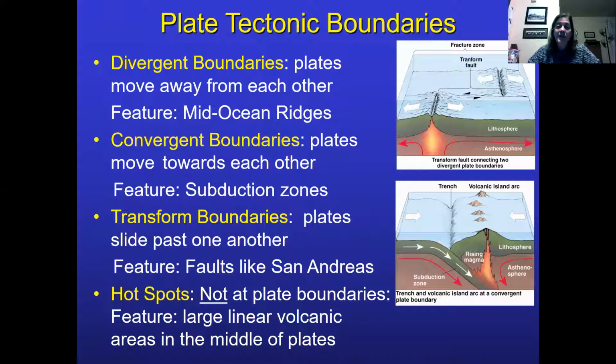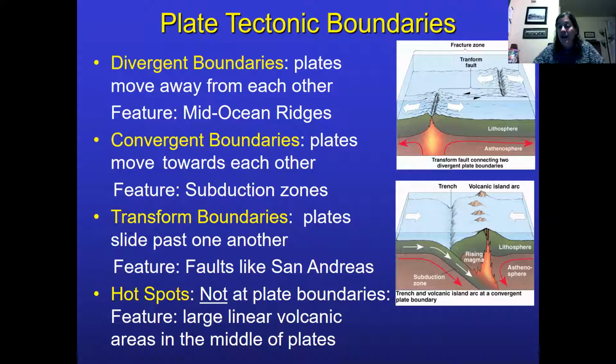We have the first two boundaries already mentioned on the last slide, the divergent boundaries and the convergent boundaries. But there's one more type of boundary. We live on a spherical Earth, and in order for things to fit, you're also going to have places where the plates slide past each other. We call those transform boundaries. Finally, this is not a boundary, so it's a little bit of a misnomer on this slide, but hotspots are places where we get massive amounts of volcanism.